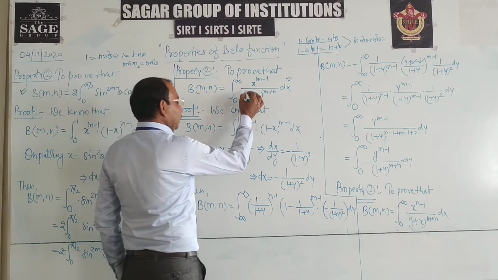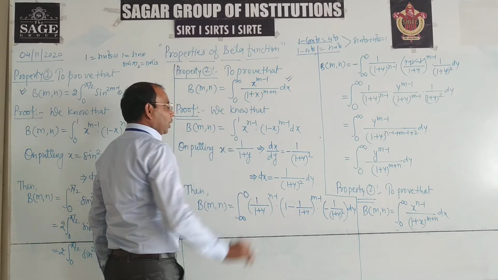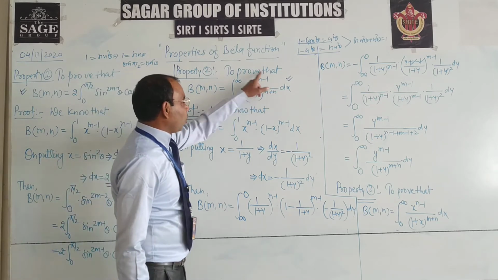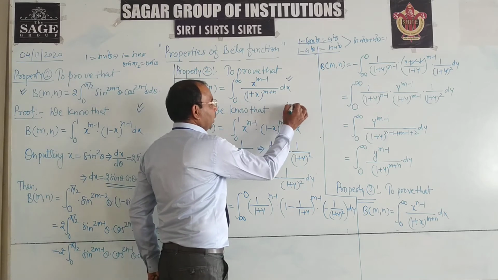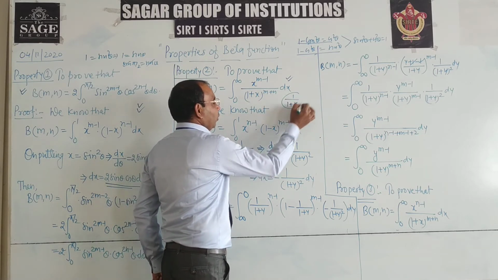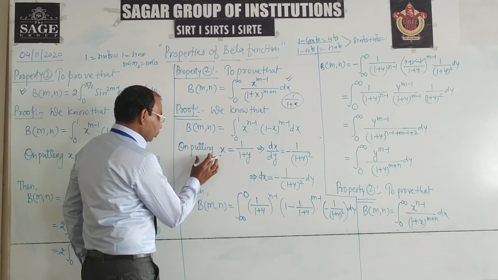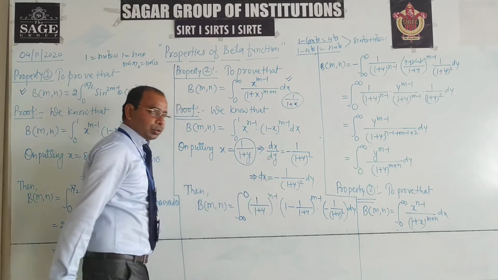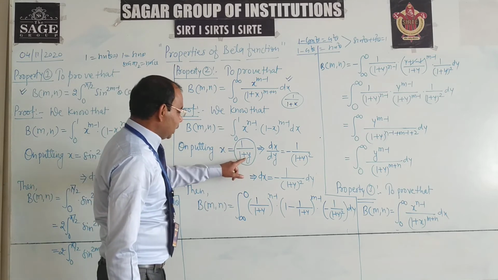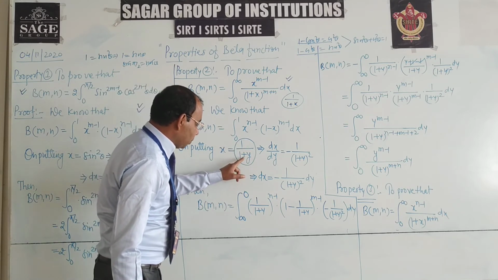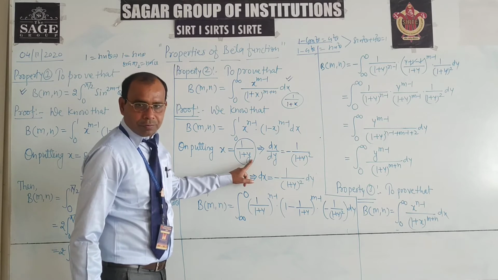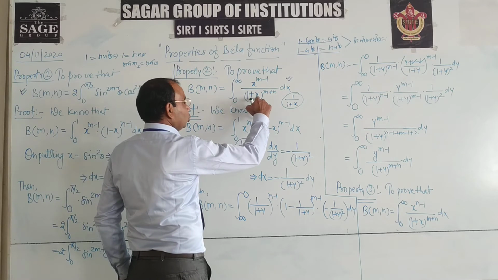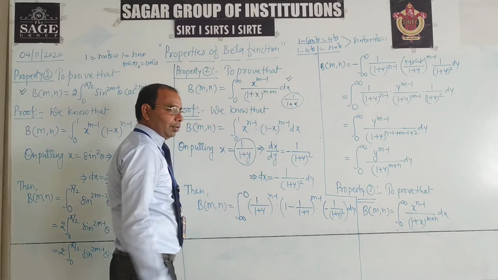Now, the denominator term is 1 plus x, so in the format of the property, here it is 1 plus x upon 1. So on putting x equal to, this is the substitution: 1 upon 1 plus... we cannot take 1 plus 1 x because this term belongs to the format of the x variable.